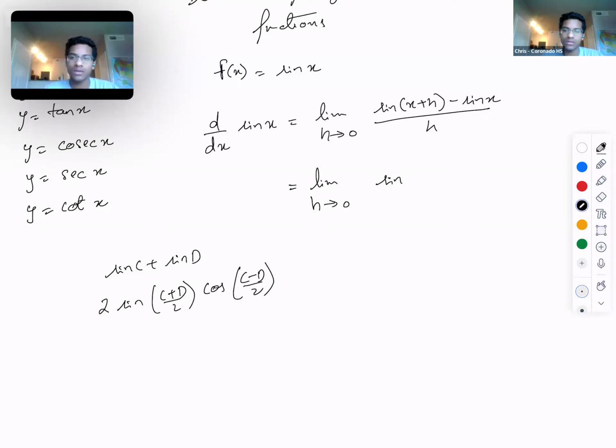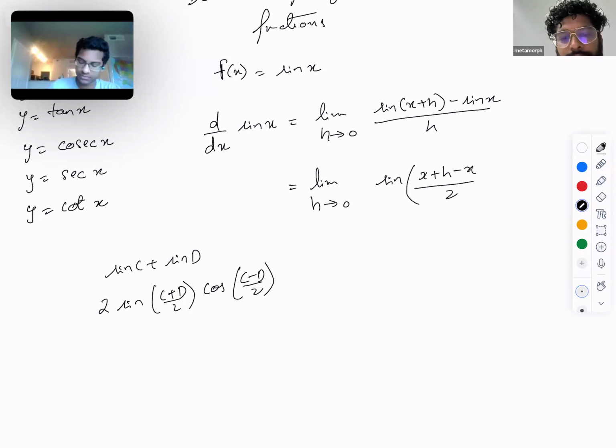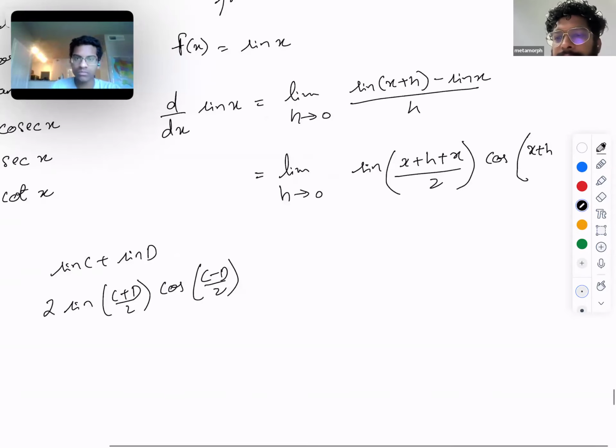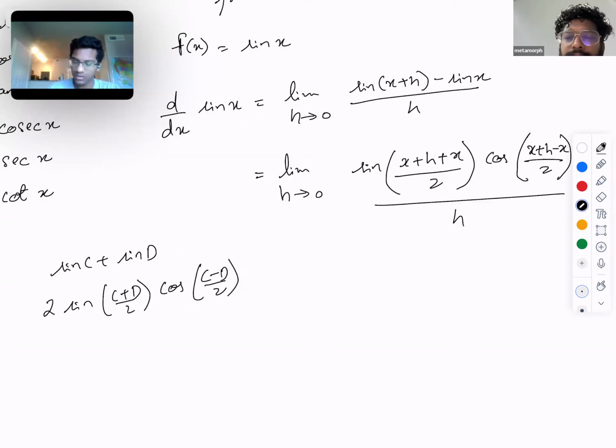Okay, c plus d upon 2. Let's see, check if I'm wrong, I will know. Minus x over 2 into cos of x plus h. Oh, what did I do? This is plus, and this will be minus, over 2, h.